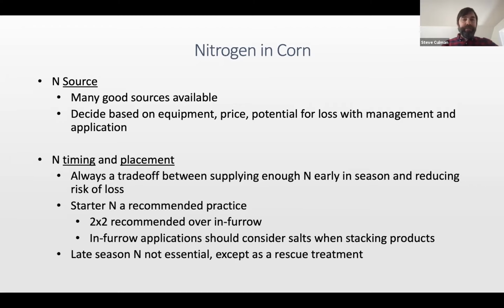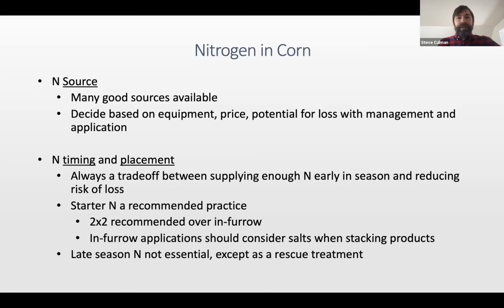There's been a lot of work done on this in the tri-state region in particular, before the 1995 version was released, and then we've done pieces here and there. The take home is that there are many good sources of nitrogen out there. The decision should be based not on the source itself, but on the equipment, the price of the nitrogen, the potential for loss, and your management and application equipment.